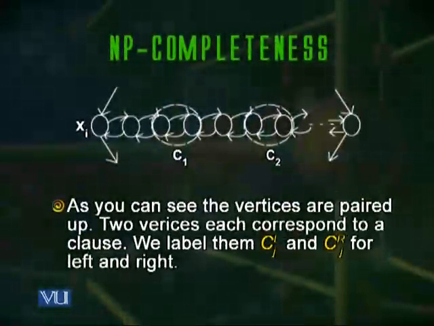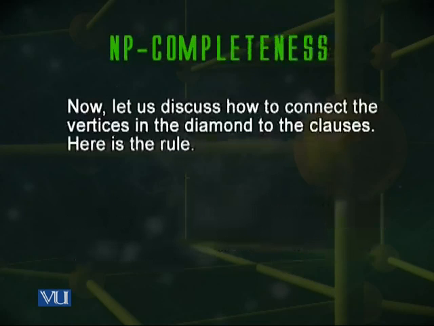As you can see, these vertices are paired up. Two vertices each correspond to a clause. We label them C sub jl and C sub jr by calling them left and right vertices. Now we explain how these diamond-shaped structures will interact with the clause vertices.